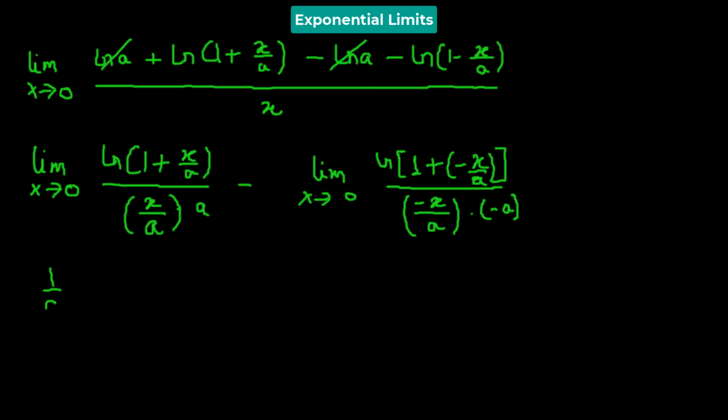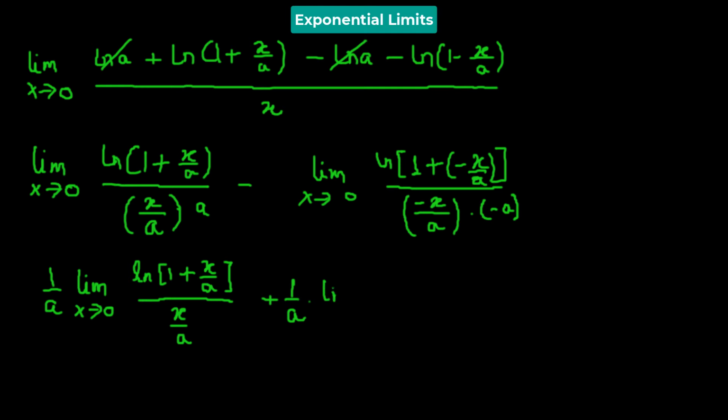So that gives us 1 over a times the limit as x approaches 0 of natural log of (1 plus x over a) divided by x over a. We have a negative a in the denominator, so that gets multiplied with the -1. So we have positive 1 over a times the limit as x approaches 0 of natural log of (1 plus negative x over a) divided by negative x over a.